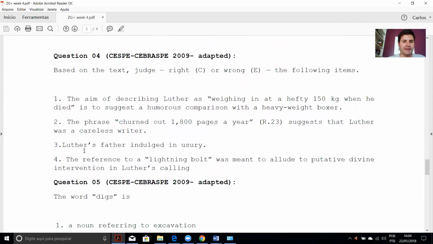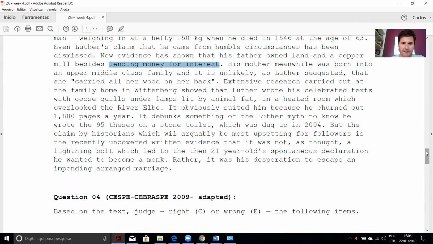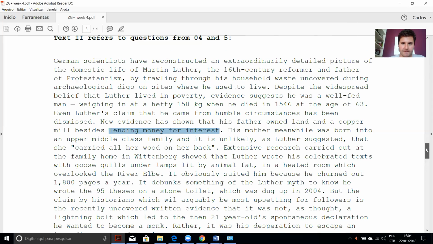The reference to a lightning bolt was meant to allude to a putative divine intervention in Luther's calling. Okay. If we go back here, it was an extraordinary picture.